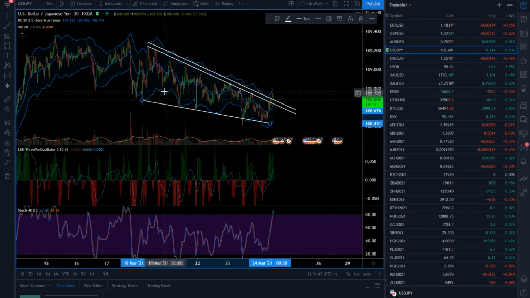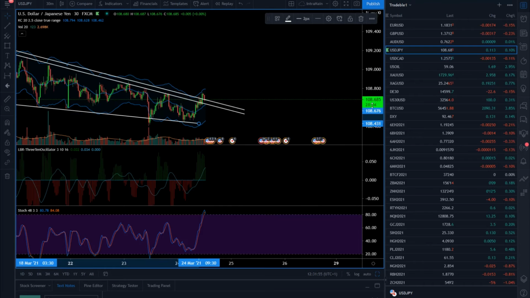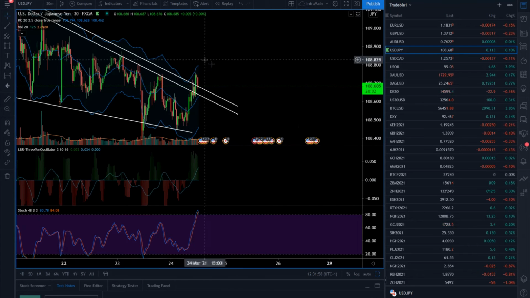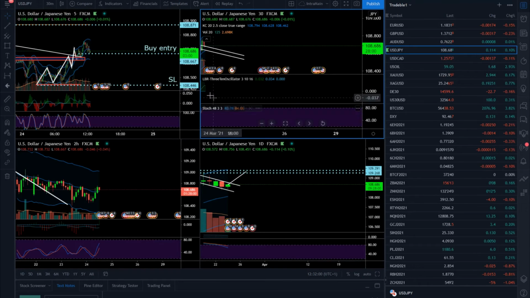Price was locked inside of this triangle wedge, call it how you want, but the main point is that we broke this resistance trend line, and the momentum was quite decent on that breakout. That's a pretty good clue for today that there is a potential for further upside movement till the end of the day.